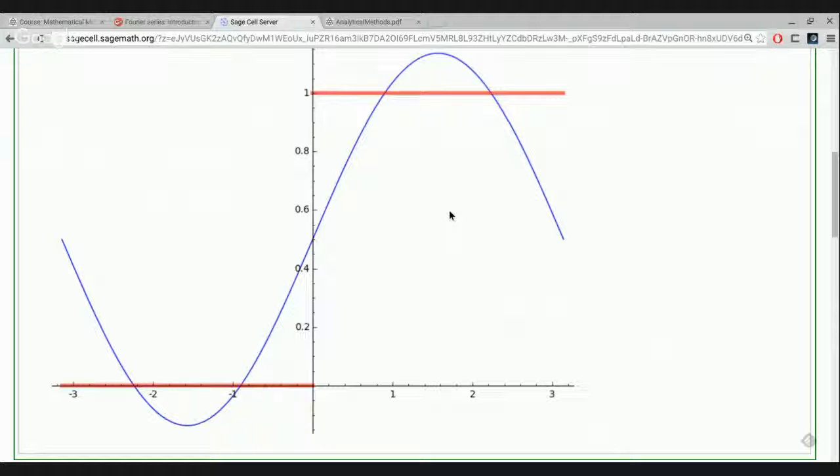Then it'd be back down to 0 for another pi, and back up to 1 for another pi. So that's why it's called a square wave. It's like a wave, but it's just completely square. And it just oscillates between the value +1 and 0.